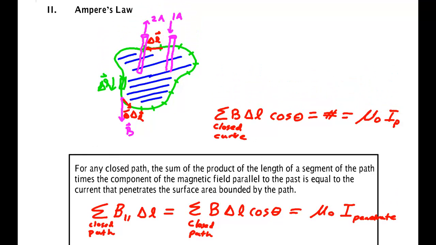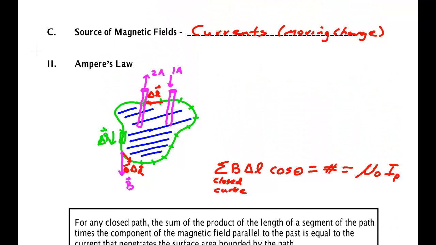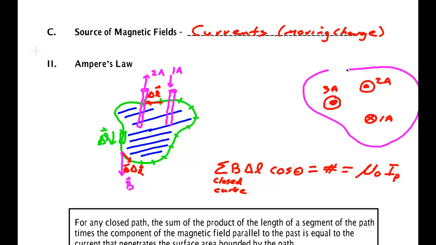So let me show you how this works. Let's say that we had a current of 3 amps coming here, and 2 amps coming there, and 1 amp going into the screen, and you asked me to calculate the integral, I should say sum, for this curve.